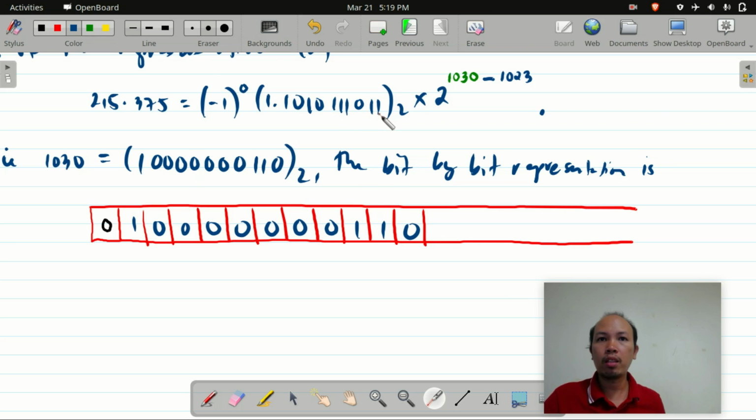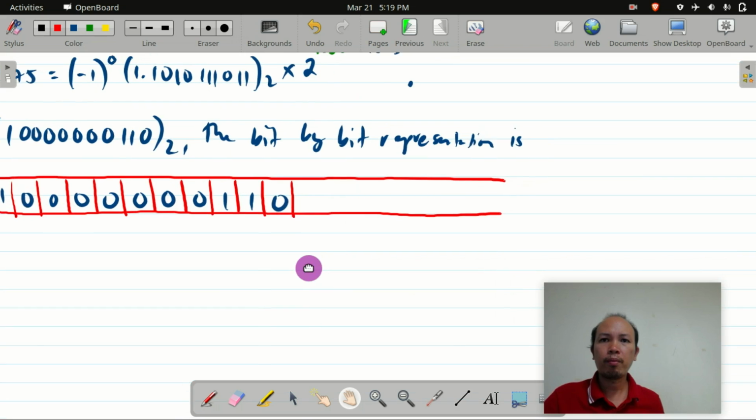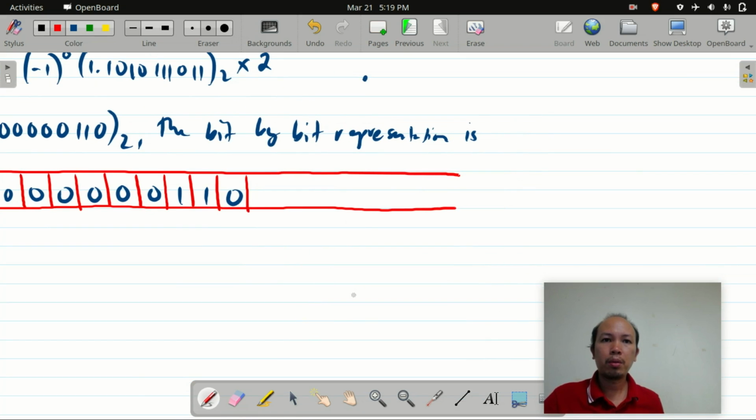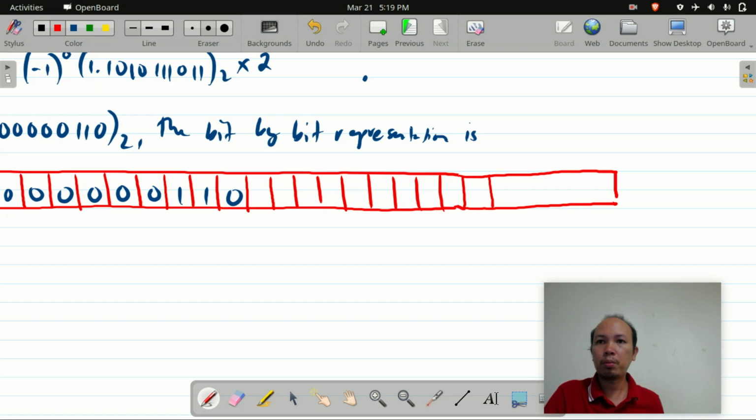So let's put 10 boxes: 1, 2, 3, 4, 5, 6, 7, 8, 9, and 10. Let's continue up to this last box here, and then let's put dot dot dot.